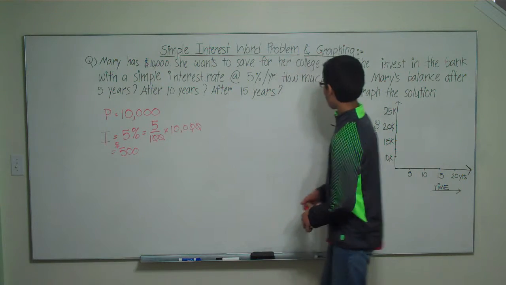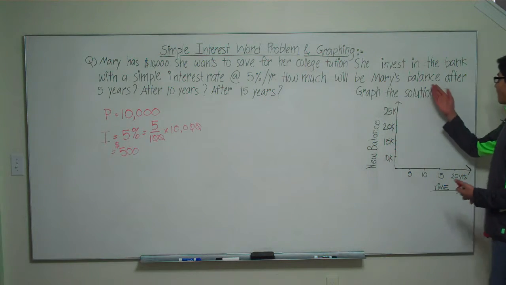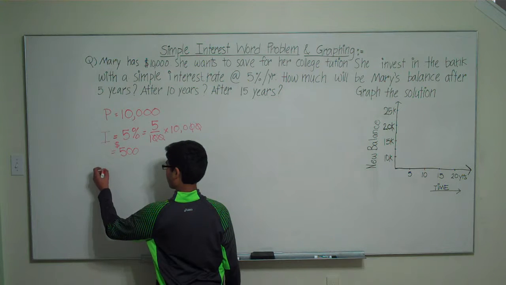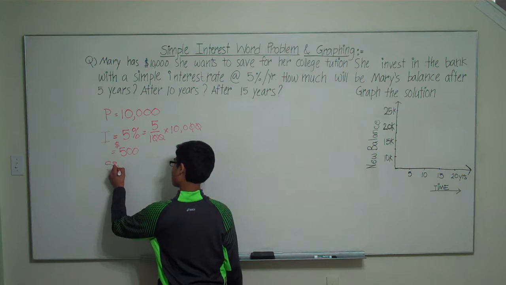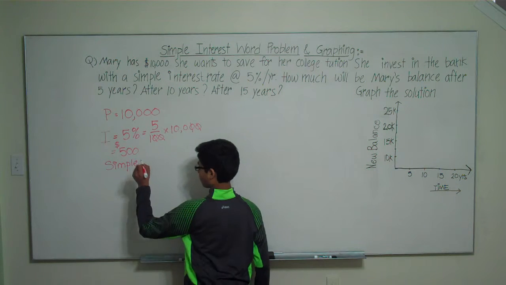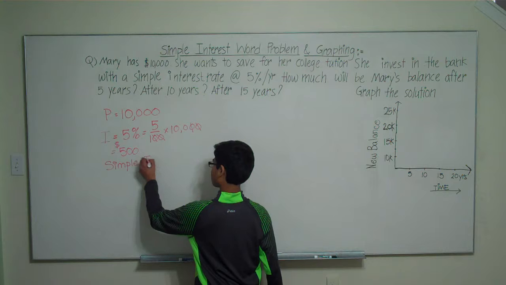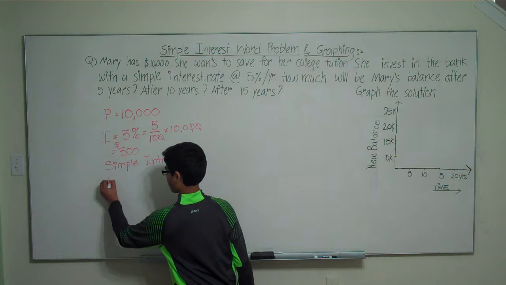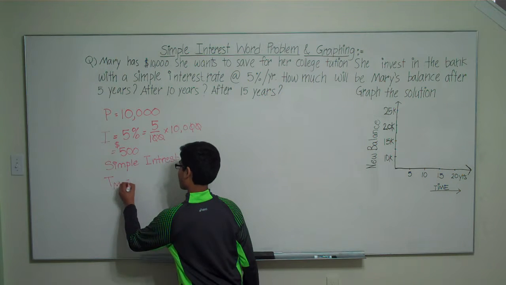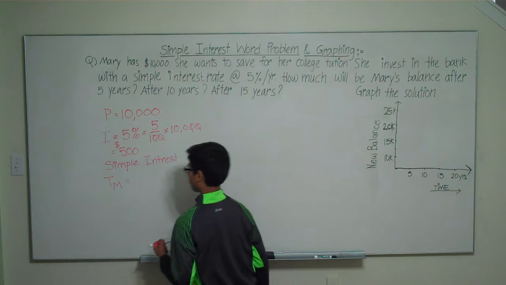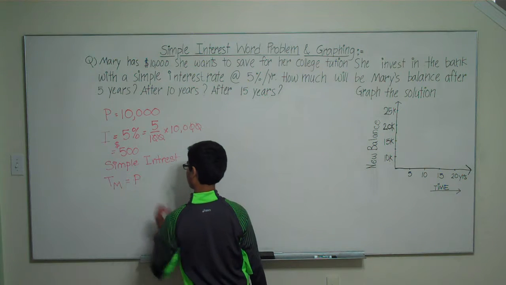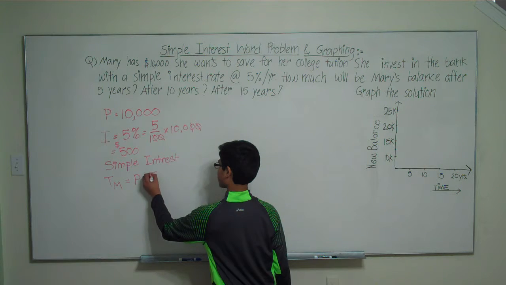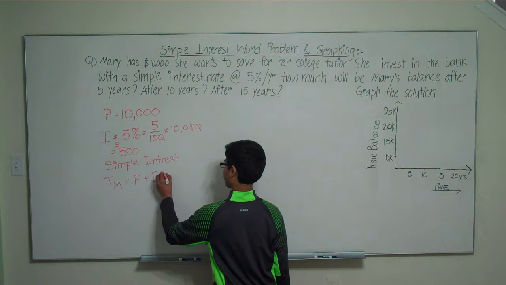Now let's find out how much money Mary's balance will be after 5 years. So the total in simple interest, so the formula for simple interest is the total money, T for total, M for money, is equal to the principal amount plus the interest times the number of years.